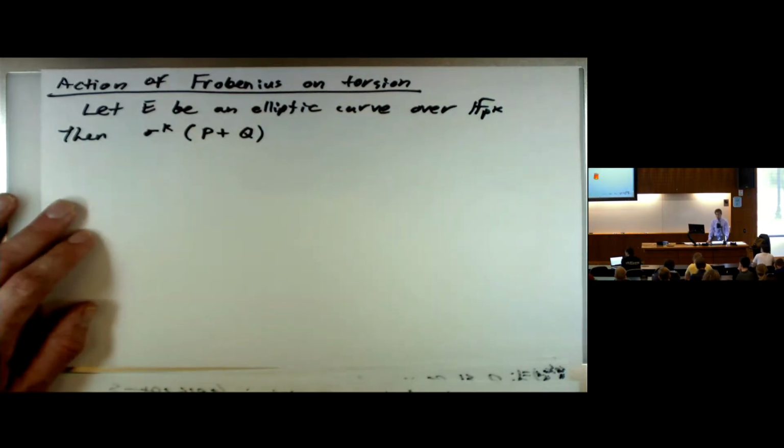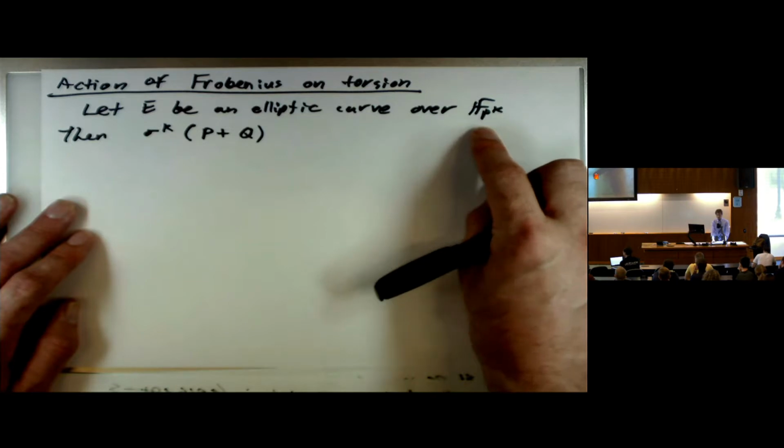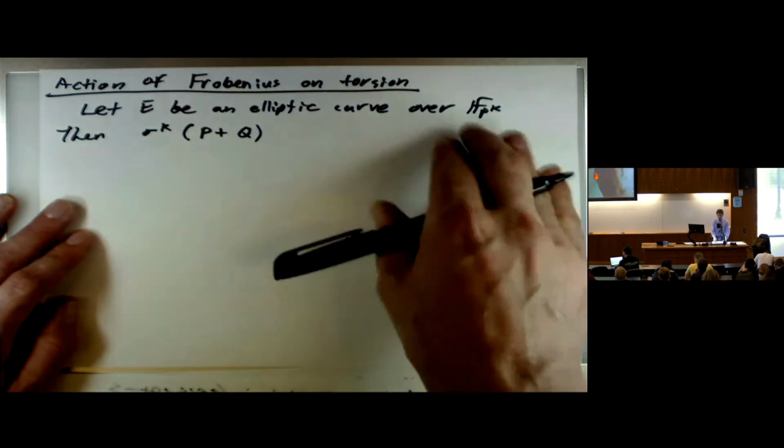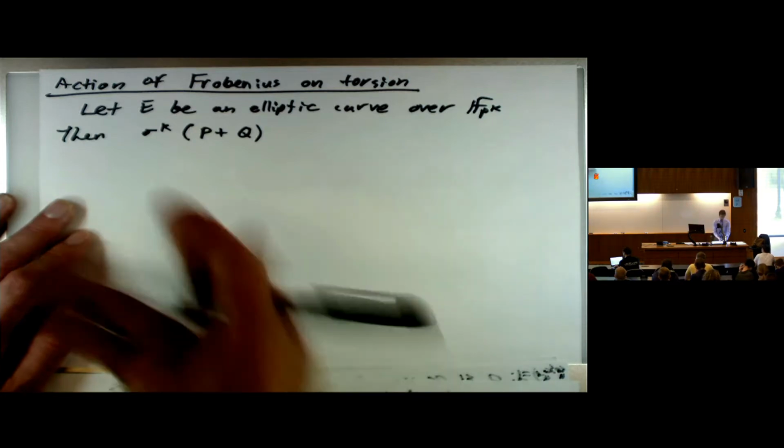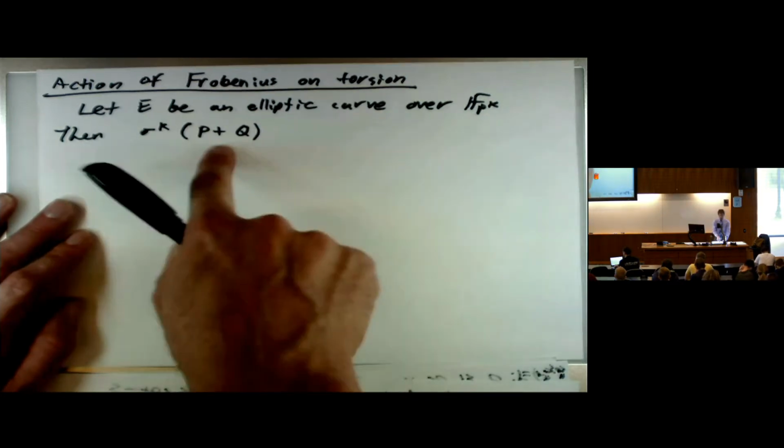Well, not only is our curve defined by polynomials over this field, so are the addition formulas, right? Because we're getting addition formulas basically by this algebraic computation, which happens completely over this field. And so this commutes with the addition. This is addition on the elliptic curve.